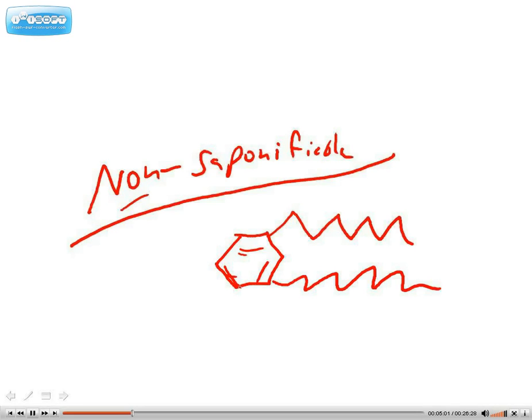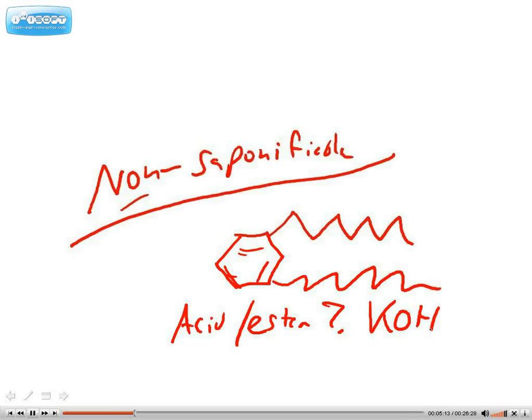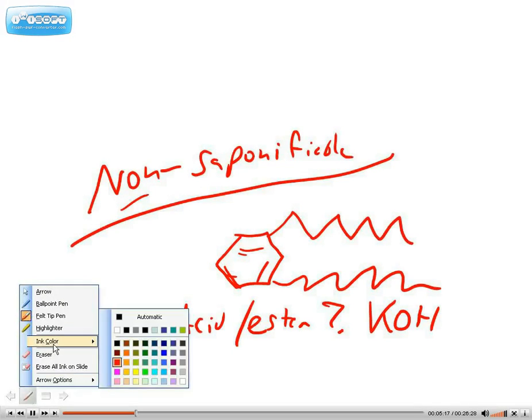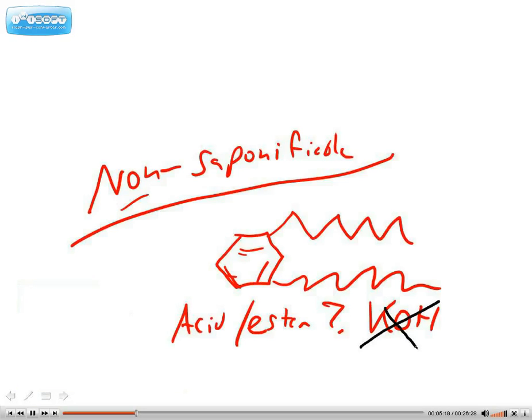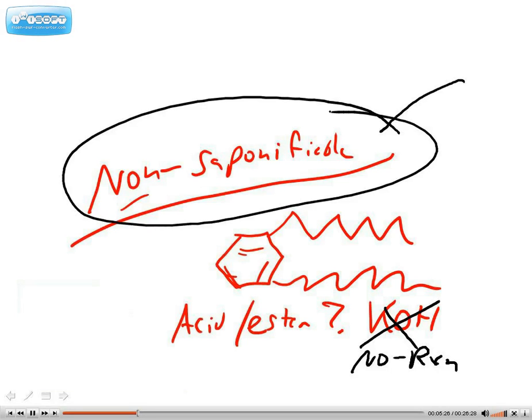Consequently, do you see any acids or esters present? Nope. So if I were to add in potassium hydroxide, a base, no type of reaction would occur. So we say that this is non-saponifiable. Steroids are another example, and those are non-saponifiable lipids.